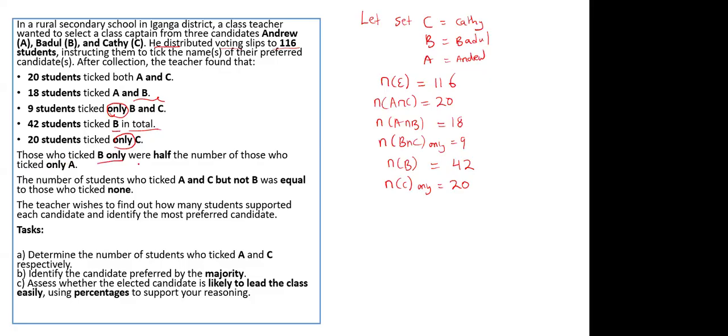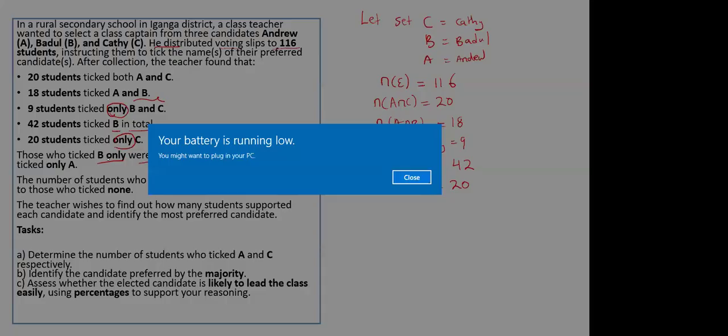Then they went on and told you that those who ticked B only were half. Now you first write this step, give me a minute, as I continue interpreting.